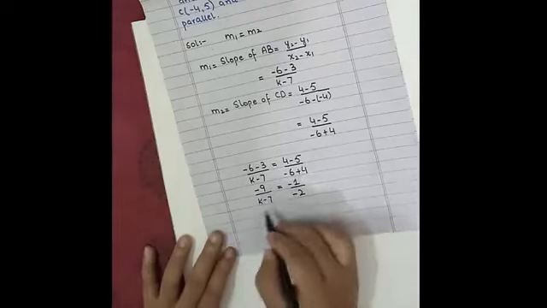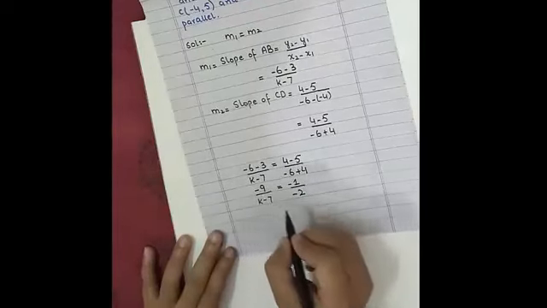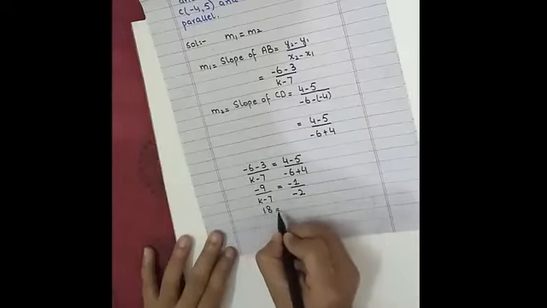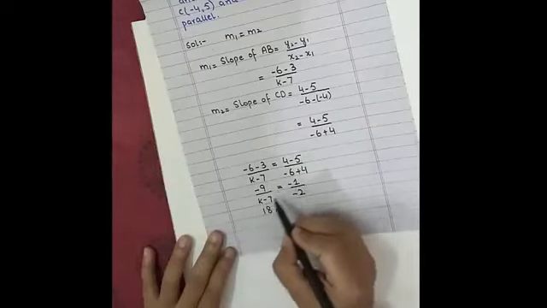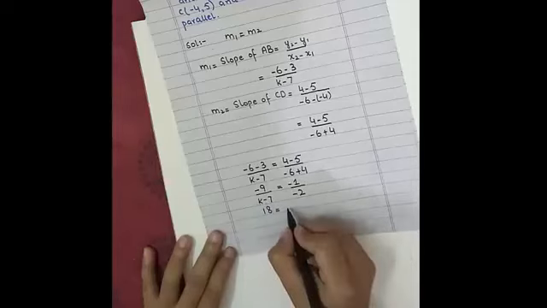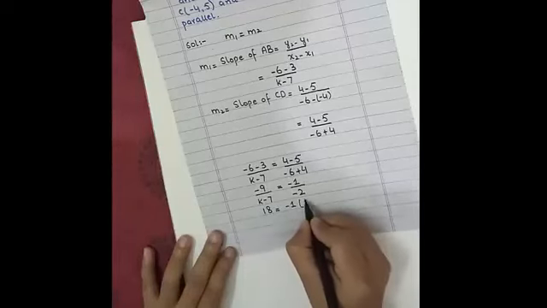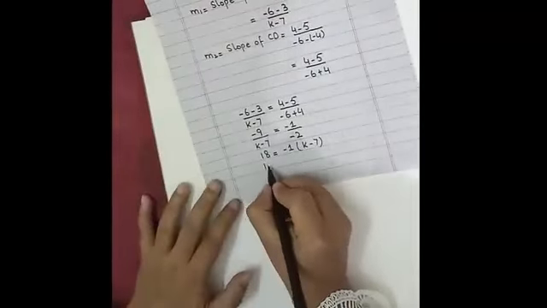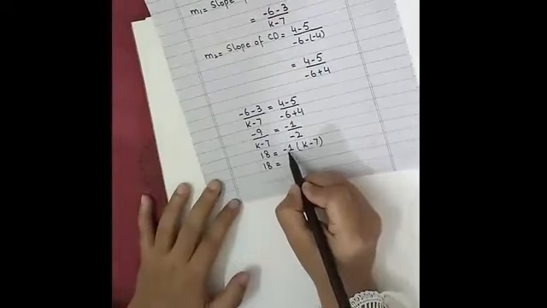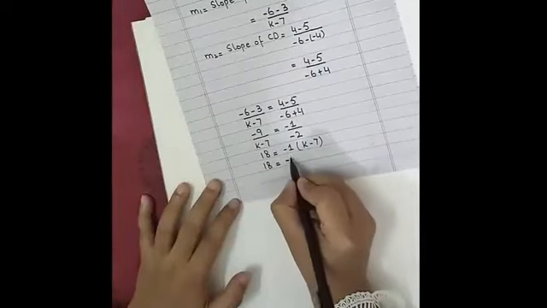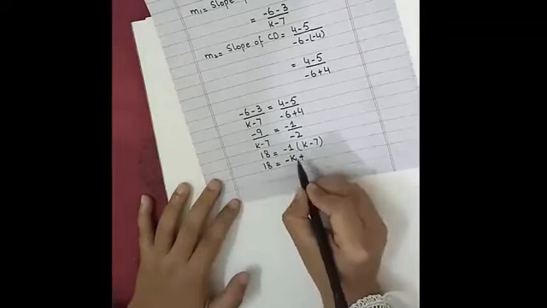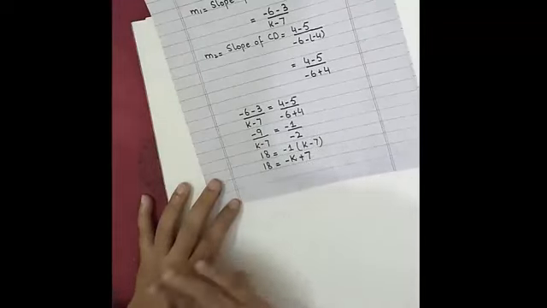Now we will cross multiply. Minus 9 multiplied by minus 2 is 18, which equals minus 1 into (k minus 7). So 18 equals minus k, and minus minus is plus, 1 times 7 is 7.